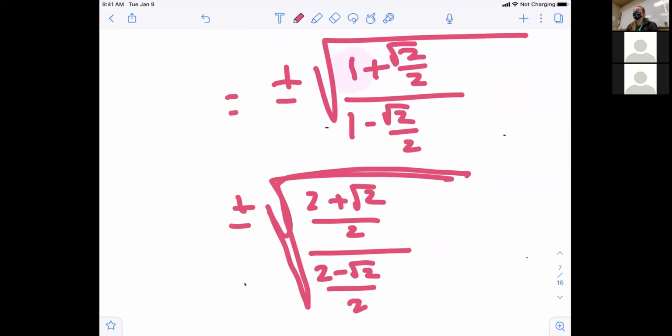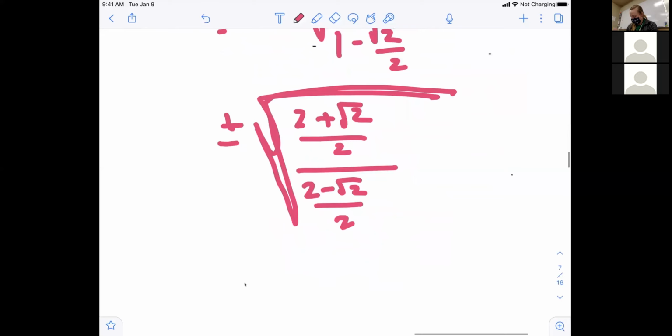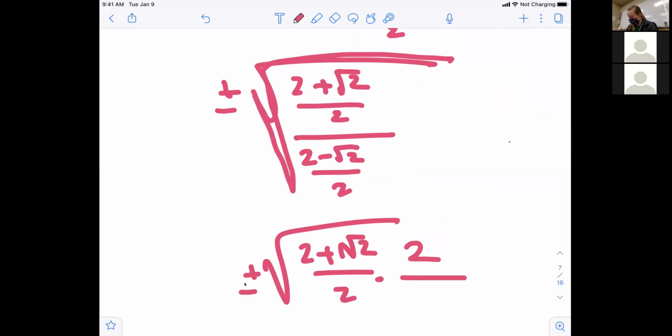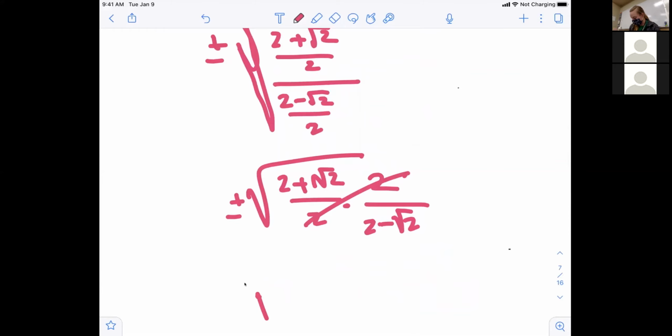Yeah, let's multiply by the reciprocal, see if we can make it a little bit less gross. So that's 2 plus root 2 over 2 times the reciprocal, 2 over 2 minus root 2. So the 2s cancel. And I am just going to leave it like this: 2 plus root 2 over 2 minus root 2. That's as good as I feel like getting today.